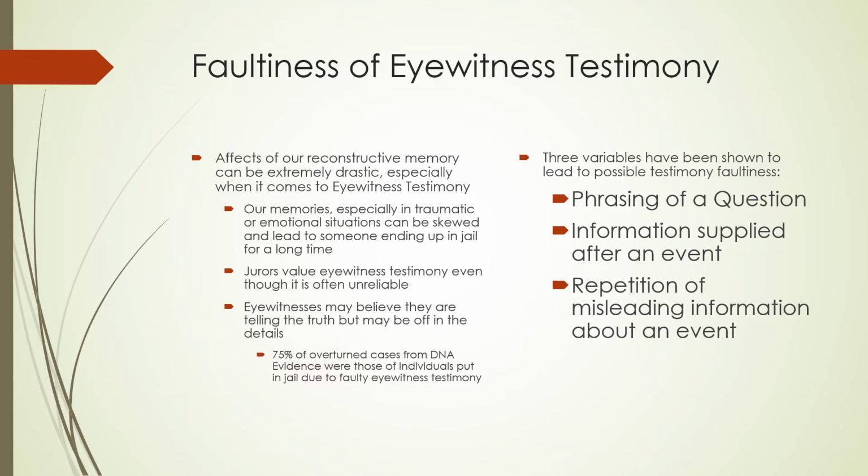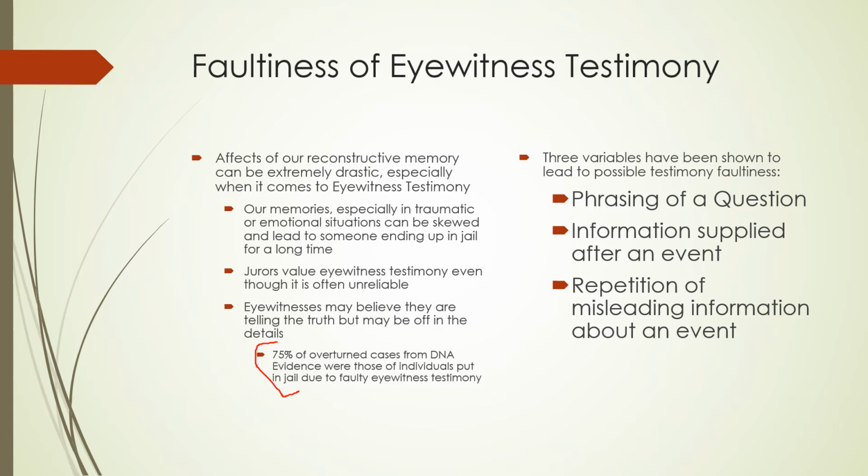And oftentimes what we found is that jurors have valued eyewitness testimony, even though it's often unreliable. As the statistic says down here, 75% of overturned cases from DNA evidence, those people have been in jail as the result of faulty eyewitness testimony.